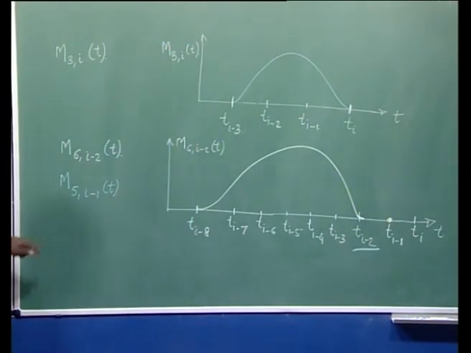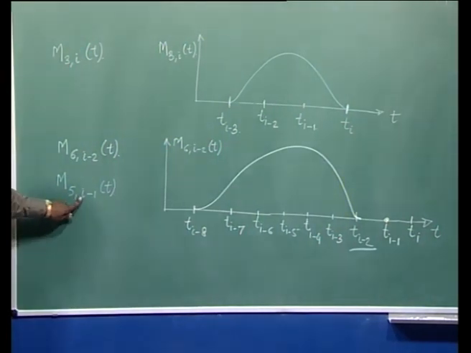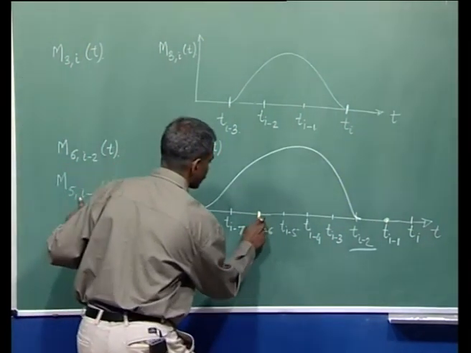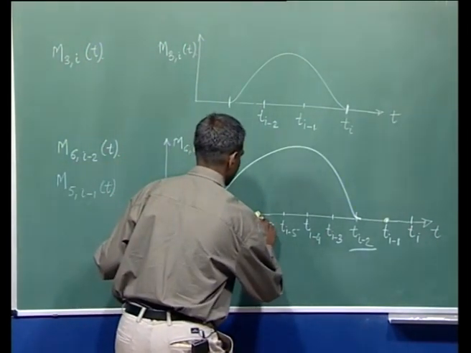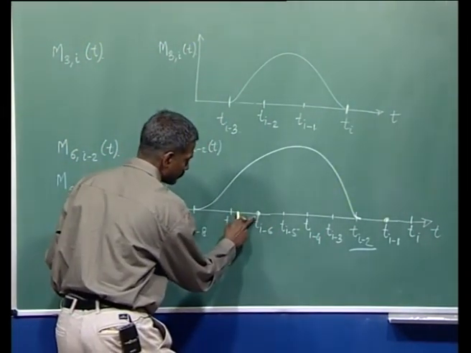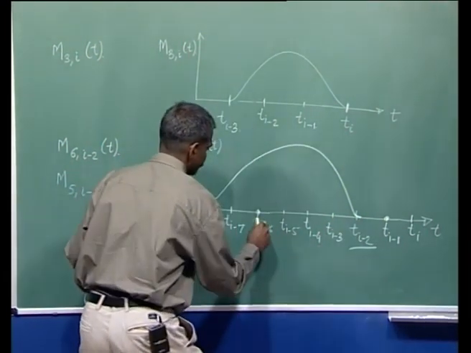Our first knot is t_(i-1-5), which is t_(i-6), which is this knot here. I'm going to be careful at how I draw the slopes here at the two endpoints.